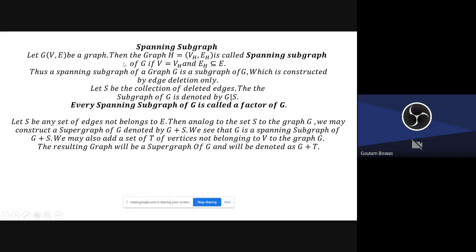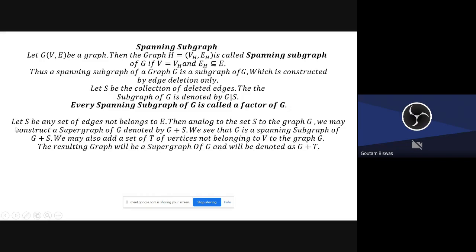So all the same vertices as G, but the edge set is a subset of the set E. The spanning subgraph of a graph G is a subgraph, constructed by edge deletion, because the number of edges is less than the number of edges in the original graph. So every spanning subgraph of G is called a factor of G.